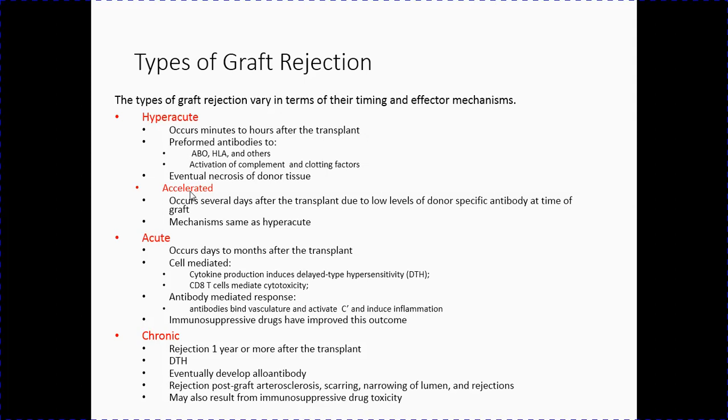The next major type of graft rejection are the acute graft rejections. These take days to months after the transplant to kick in. This is a cell-mediated response. This is one in which, as expected, cytokine production responds to CD8 positive T cells, and it will cause a delayed hypersensitivity style response.